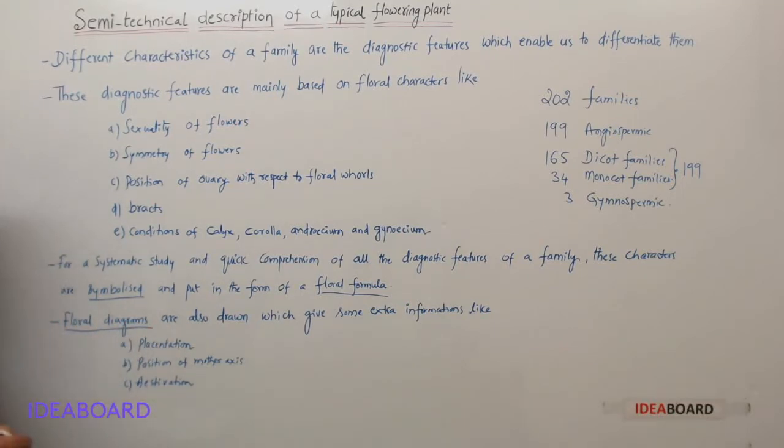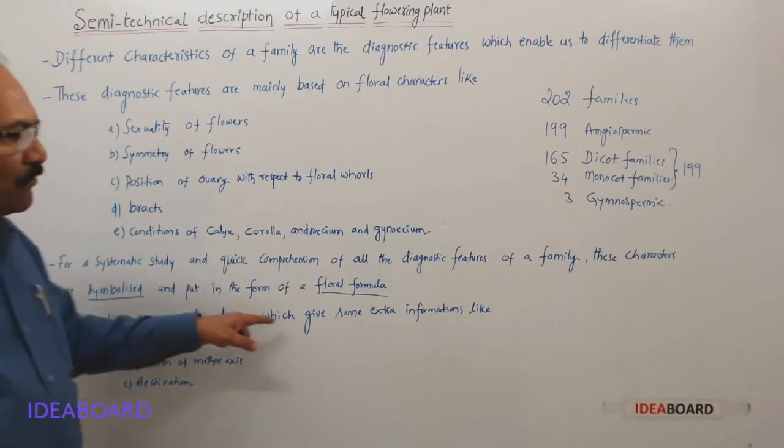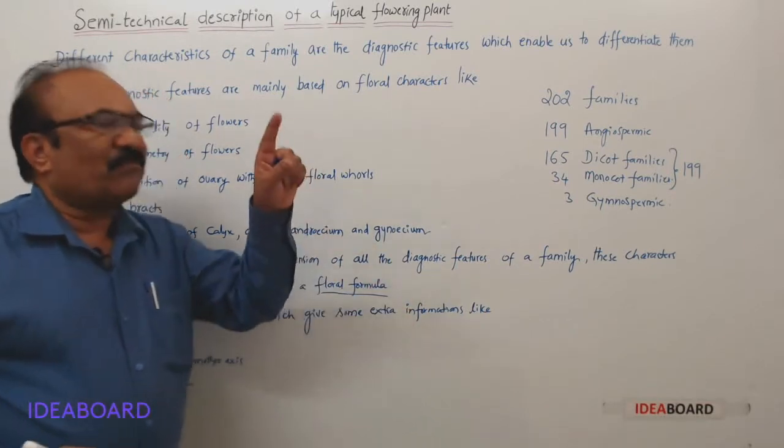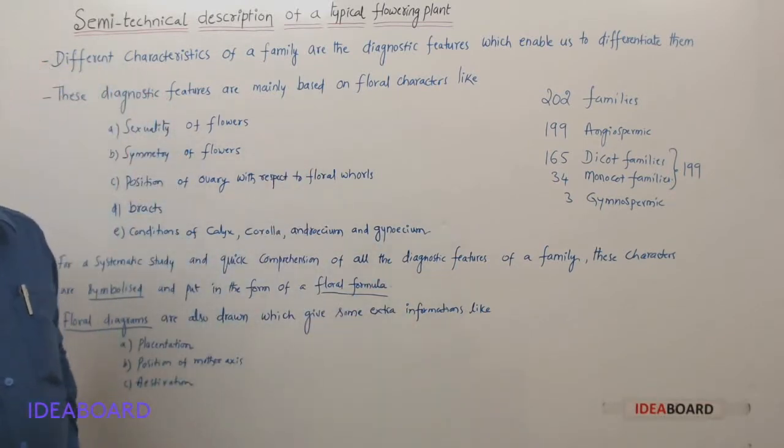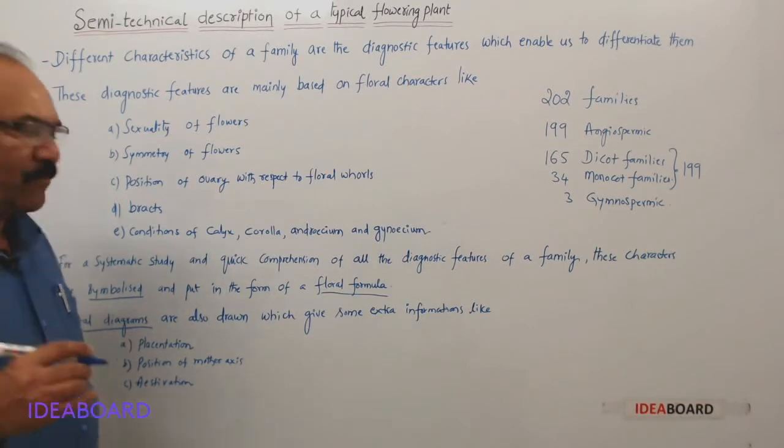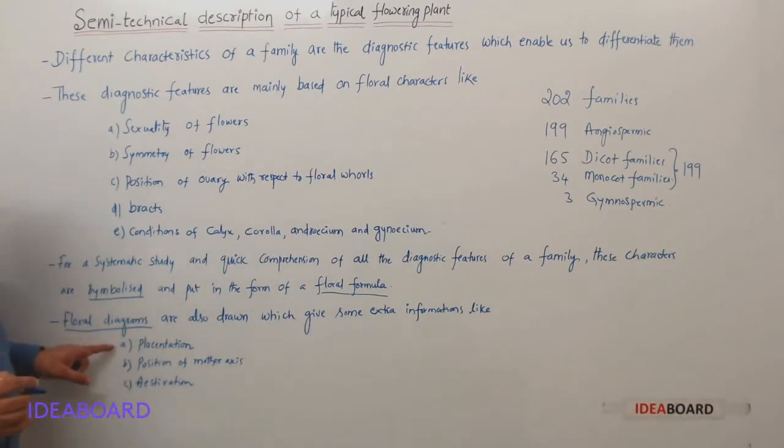Floral diagrams give us some extra information. What is that extra information? Placentation. You can't show placentation with the symbols. So placentation can be represented in the floral diagram but not in the floral formula.